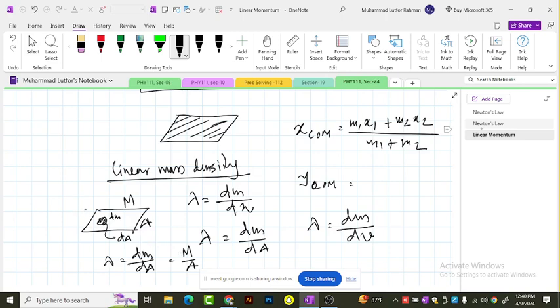It means that mass is equally distributed throughout the region. It's the same pattern over here. There is no discontinuity, which is mostly an ideal situation.